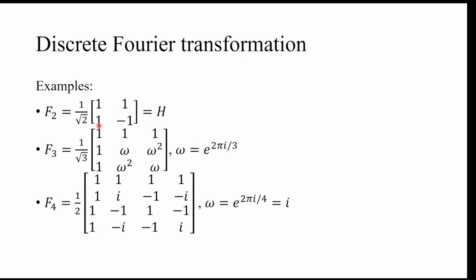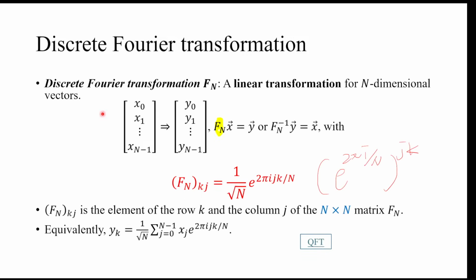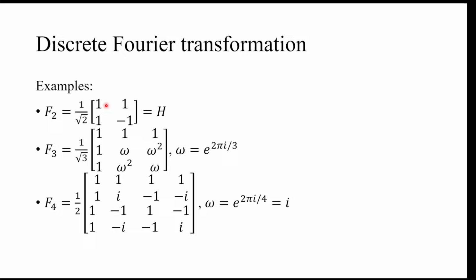When n equals 2, e to the 2 pi i divided by 2 is just minus 1, so the 2 roots of 1 in the complex plane are 1 and minus 1. And then you have it to the jkth power. Those k and j are just indices.